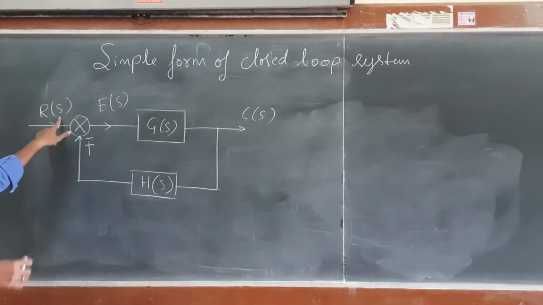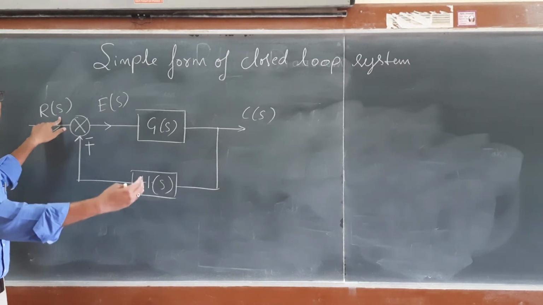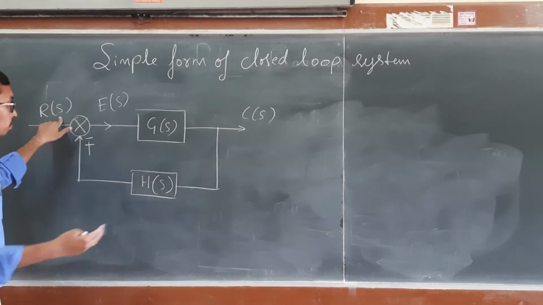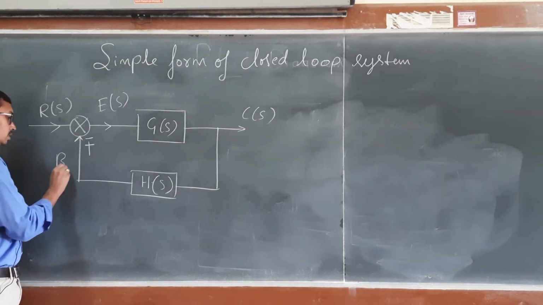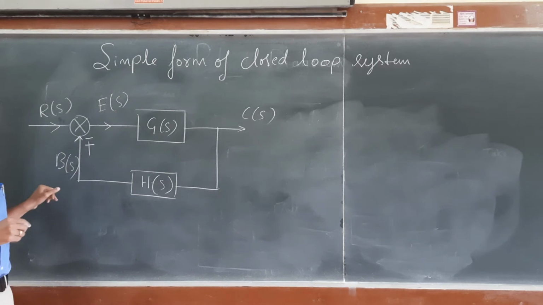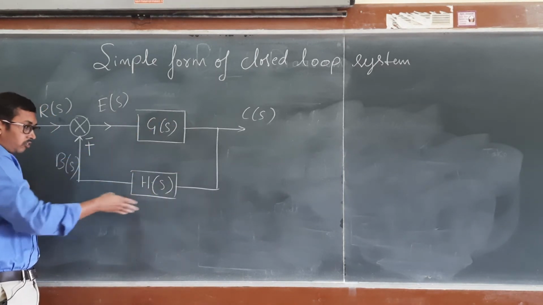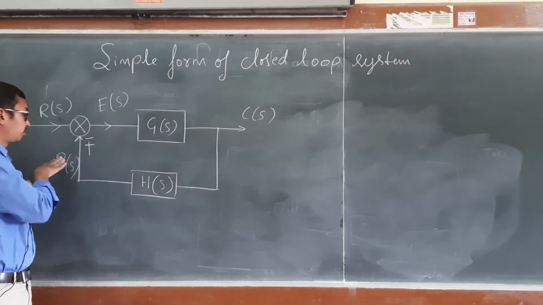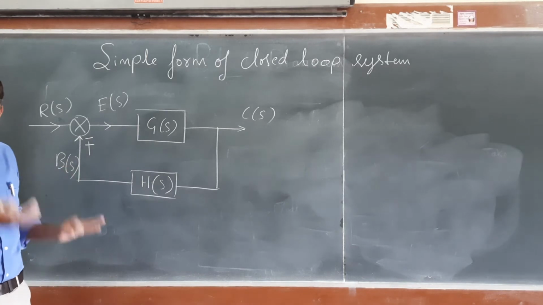What is the meaning of R of S? It is the Laplace input, R of S. Next, what is the meaning of B of S? B of S represents the feedback signal, whereas E of S represents the error signal.